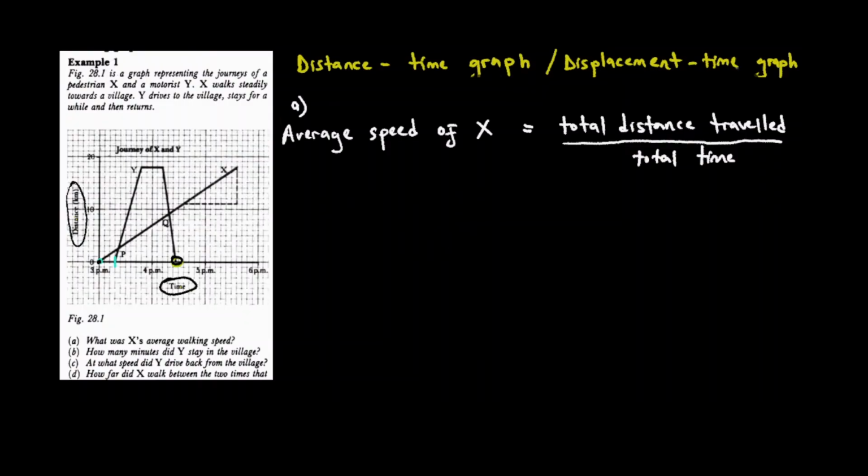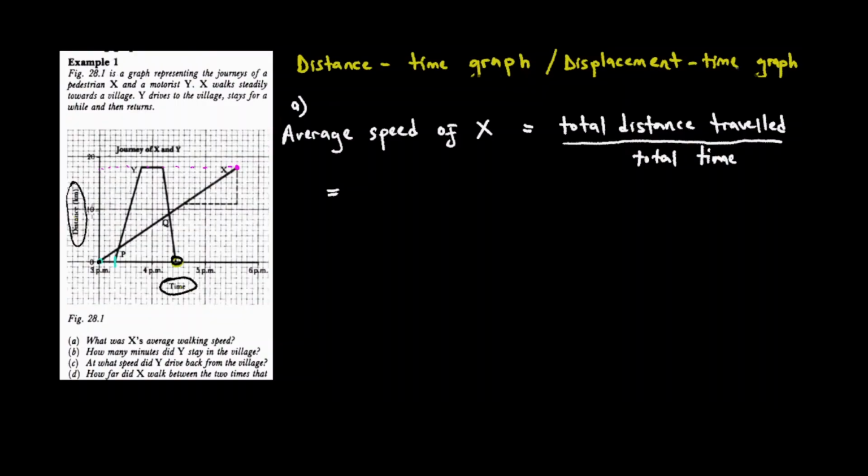So how are we going to get the total distance traveled? This is a distance time graph, and this is for X. We go to where our graph ends and see what the distance is there. Looking at our scale, there are small squares, 10 from 0 to 10, so one square represents 1 kilometer.